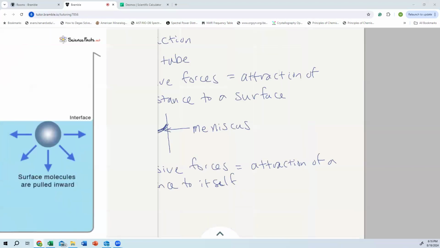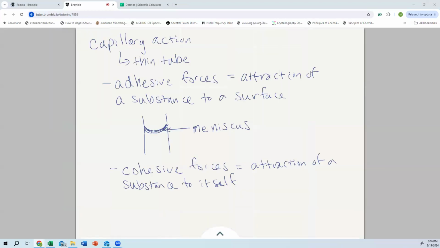That's what we're looking at here for those cohesive forces. So both of these are going to cause a liquid to go up a capillary, as long as that capillary is glass and we're talking about a polar molecule, because glass itself is polar, or if we're looking at a non-polar substance going up a non-polar capillary.